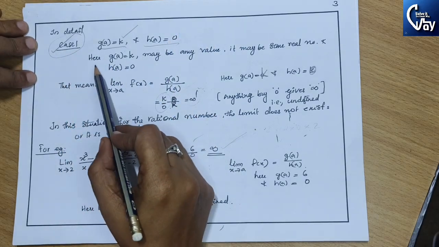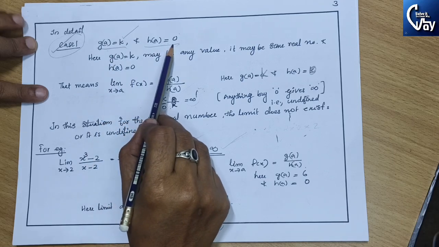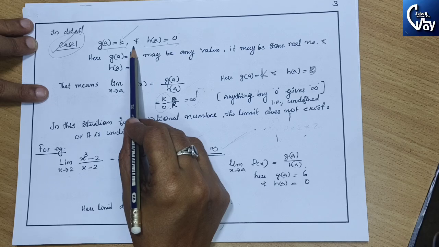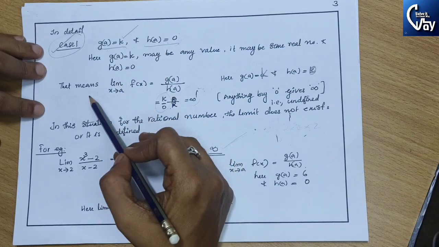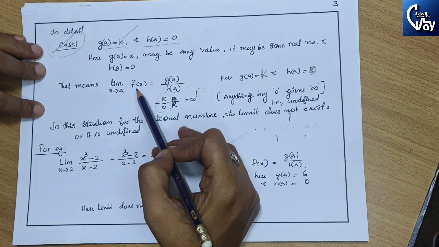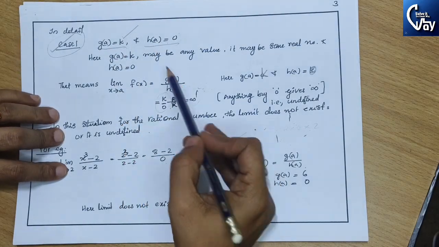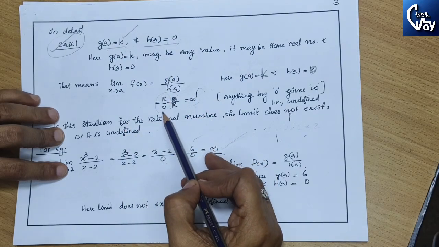First, case 1. Here, g of a equal to k and h of a equal to 0. Then k may be any value, some real number, and h of a equal to 0. That means limit x tends to a f of x equals g of a by h of a, which becomes k by 0.